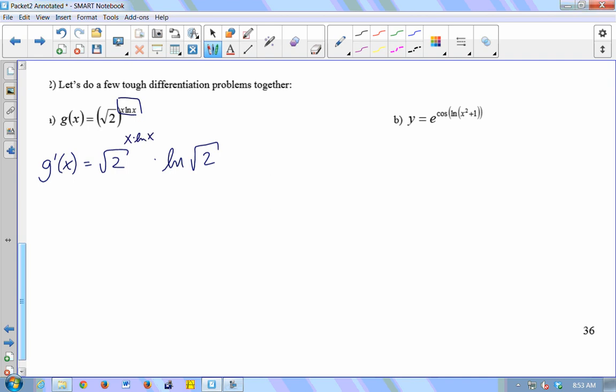So I've applied the outermost derivative rule. I had square root 2 to some stuff. The derivative would be square root 2 to that stuff times the ln of square root 2.